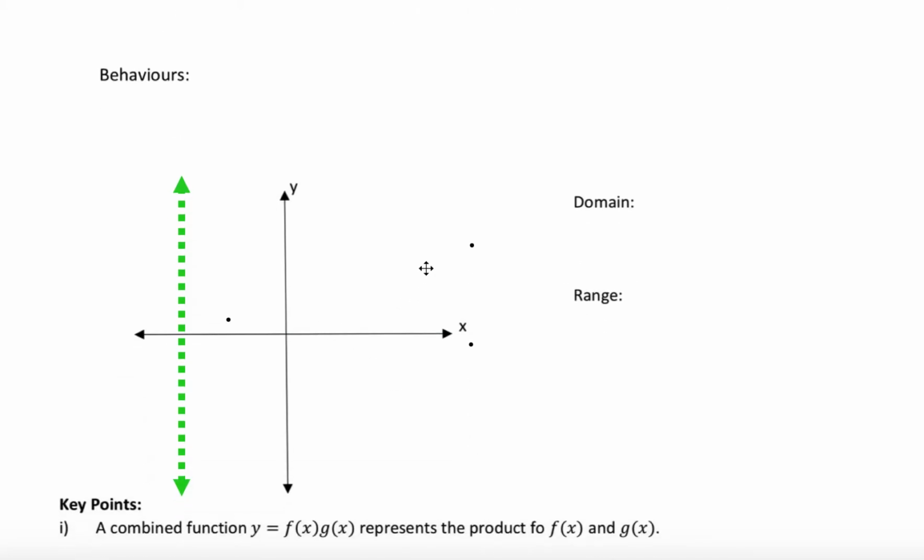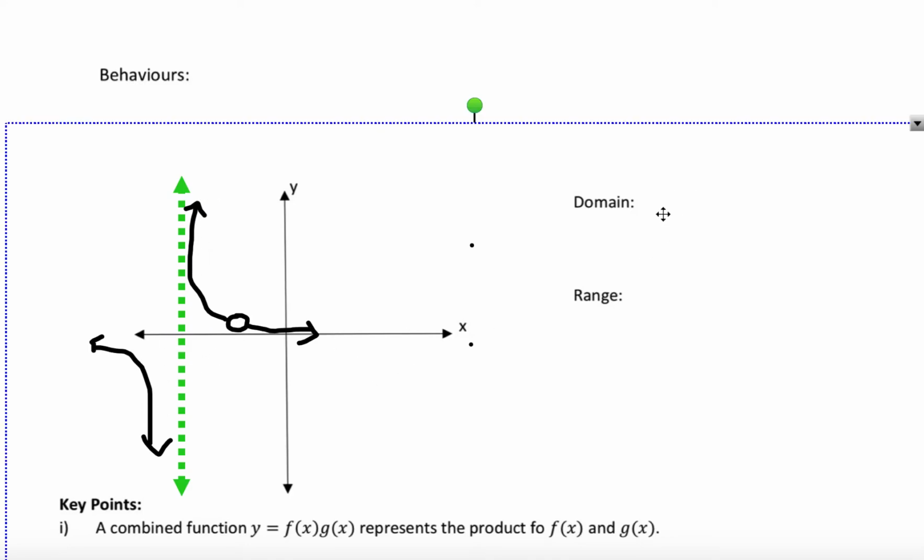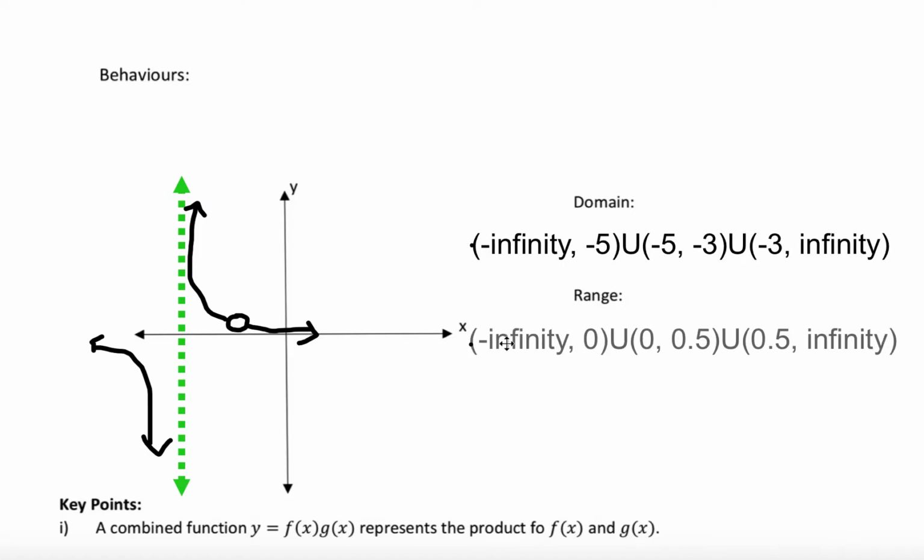If we graph this, it's going to look something like that, where we've got our discontinuity and our two lines. Domain and range are a little bit longer. I wrote them like this. I didn't have the infinity symbol, so I just wrote the word infinity. We're going from -infinity up until -5, from -5 to -3, and then -3 to positive infinity for my domain.